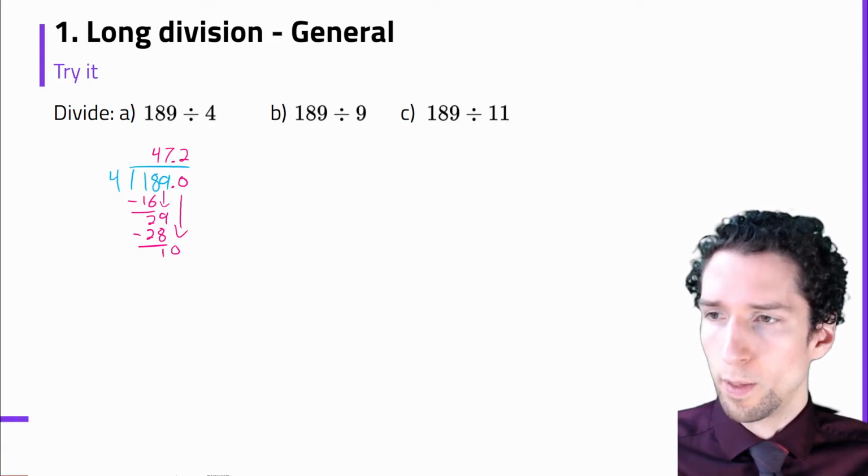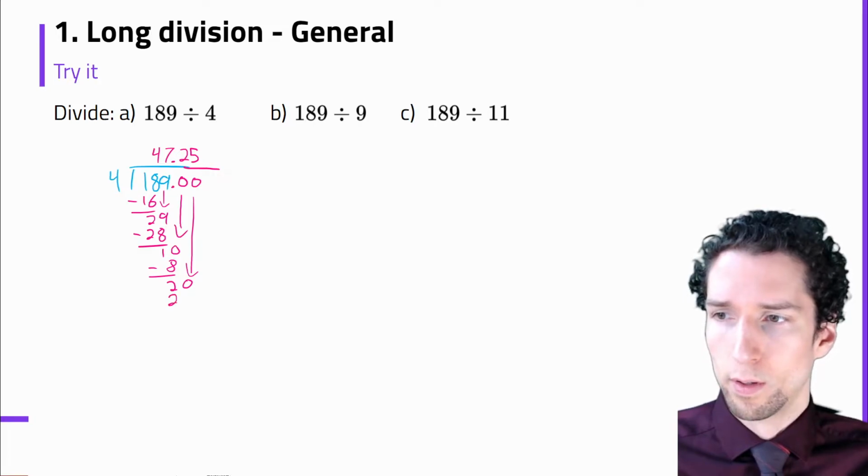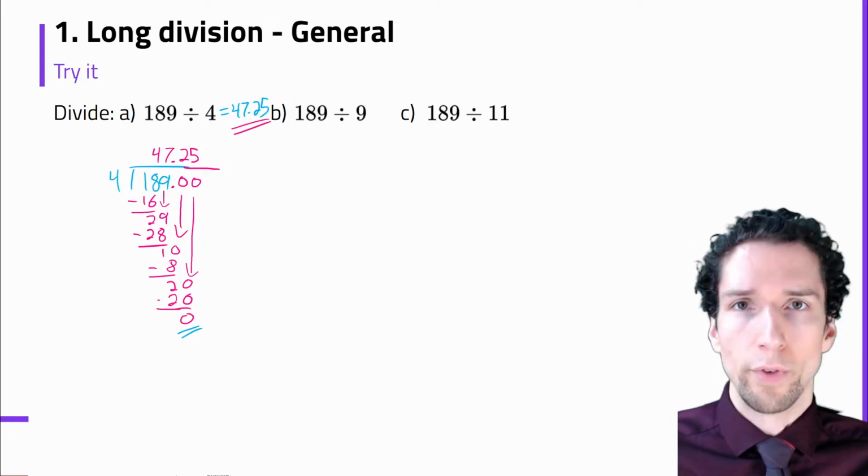Looks like it's going to be 0.25. That will give us 8 here, subtract, and that's 2, and there we go. Bring down the 0, 20, that goes in cleanly, 5, 20, 0, so we're done. So our answer here, 47.25.